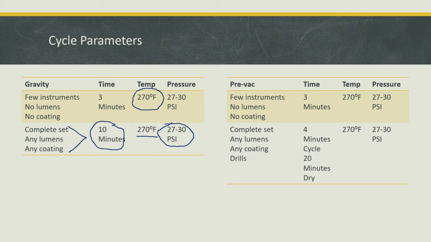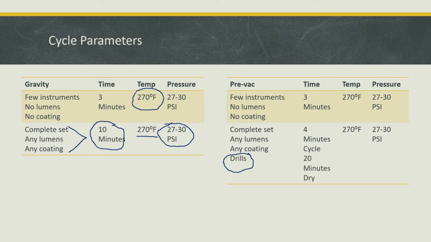Now, if it's a complete set, we're still going to do it under gravity. If it's a drill, something that we want to assure that it has all pieces and parts of it sterilized, and drills, for the most part, will be required to do pre-vac.